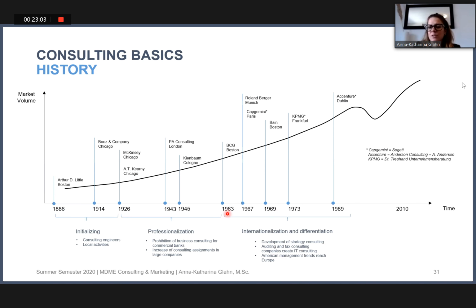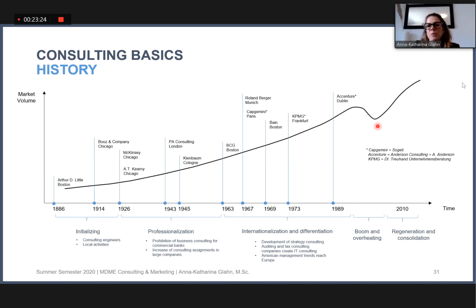And this changed from the 60s on. And as I already said, there was a boom and an overheating phase. We got a hype and fell down. And after that, there was a regeneration and consolidation.